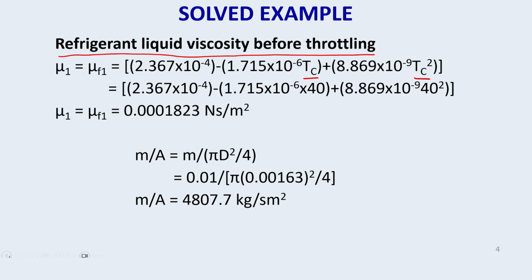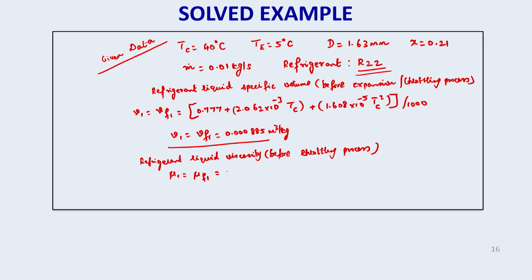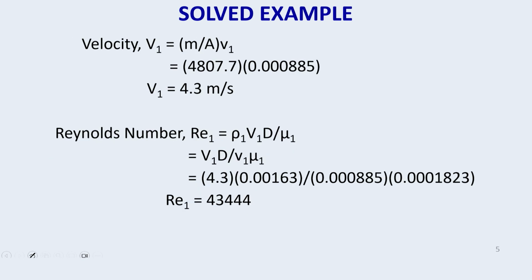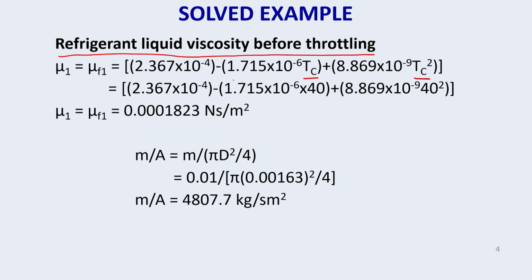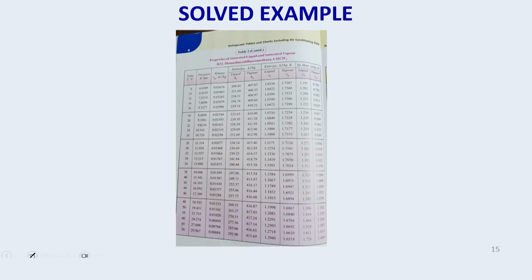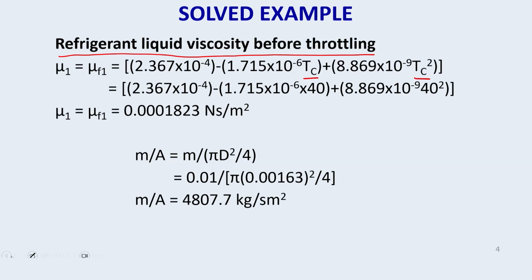2.367 into 10 power minus 4. This is the first term. Then we have got the second term: minus 1.715 into 10 power minus 6 Tc, where Tc is the temperature of the condenser.